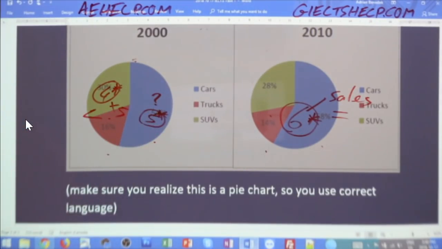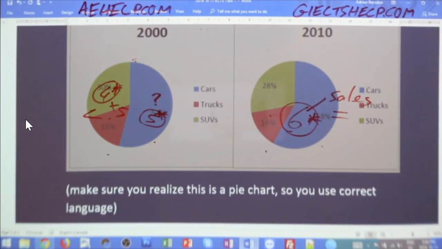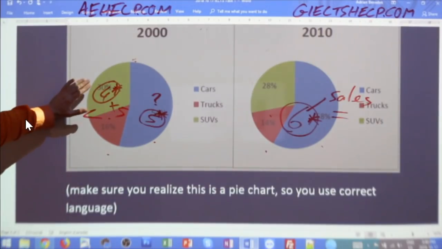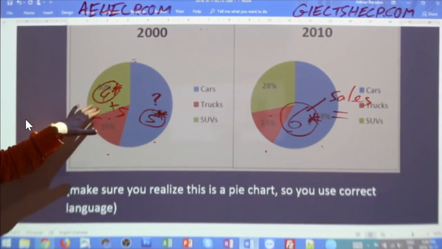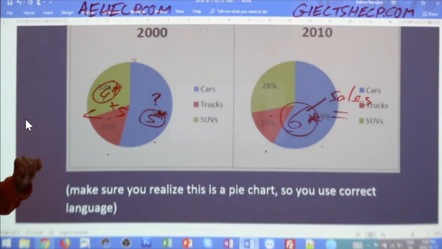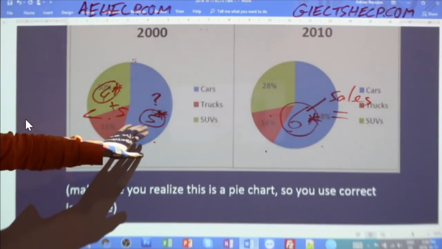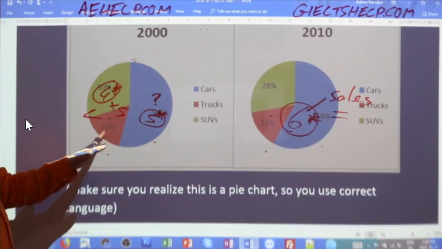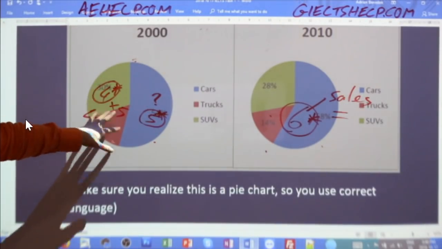So now we go on to the year 2000. Okay? So we go on to the year 2000, and we talk about this point here, which we marked, number 4, the five-fold increase of SUVs and the basically loss of car sales due to the increased popularity in the sales of SUVs and trucks.